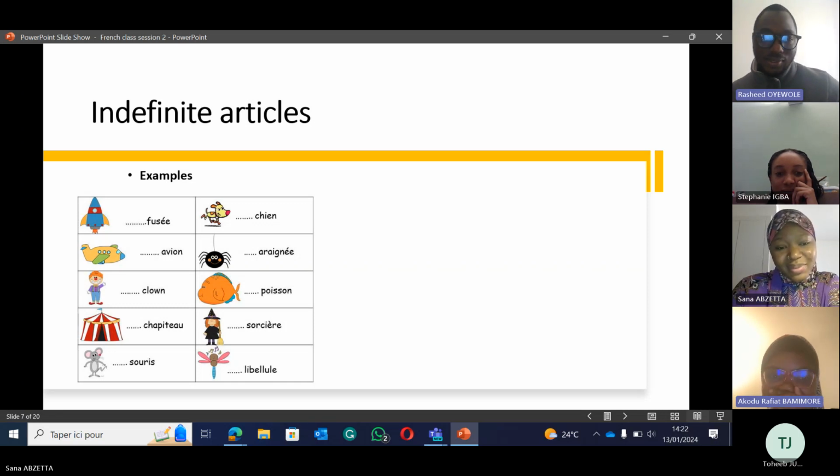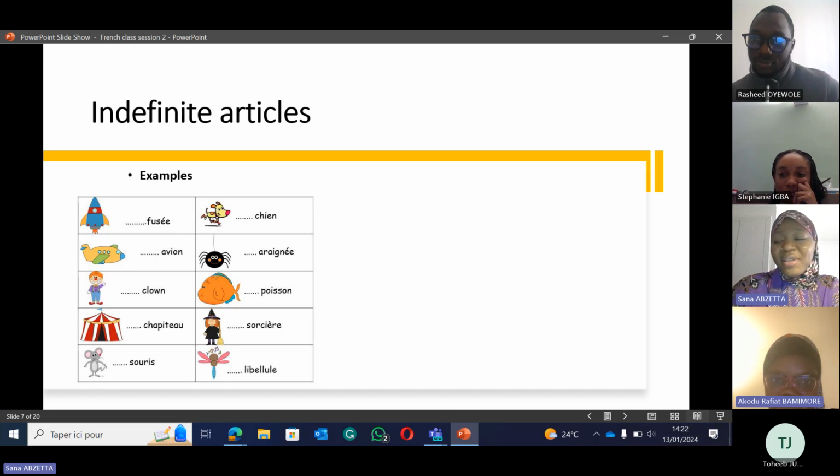Souris ends with S, and we are using feminine for it. Yes. It's as I said, there is not really a rule to know if a word is feminine or masculine. It's with practice. When you get to know the word, when you speak, you will know every word's gender.